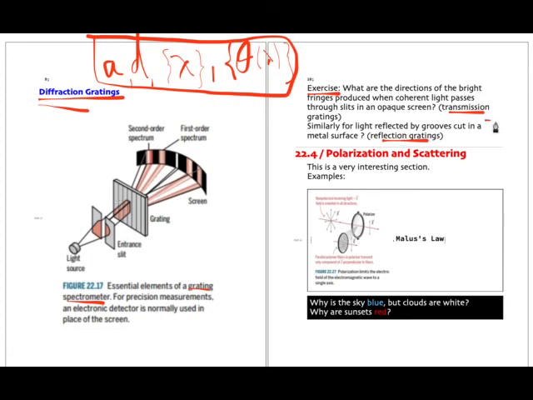This is explained in the book, and an example that's given is a CD, the surface of a CD, or the surface of a DVD. You've certainly looked at the surface of an audio CD, a compact disc, and white light reflecting from the surface of an audio compact disc or a DVD shows the colors of the rainbow. Because for different angles, there'll be different wavelengths that are undergoing constructive interference.